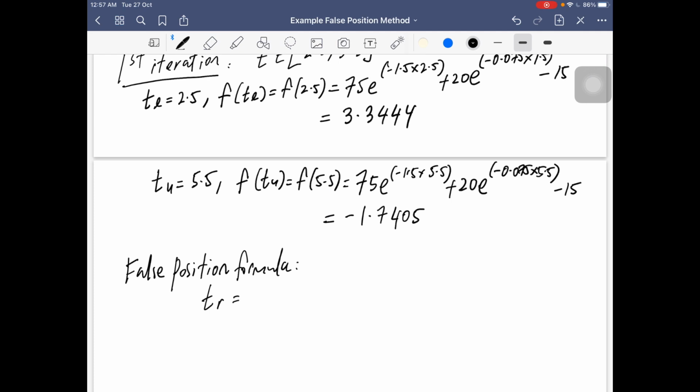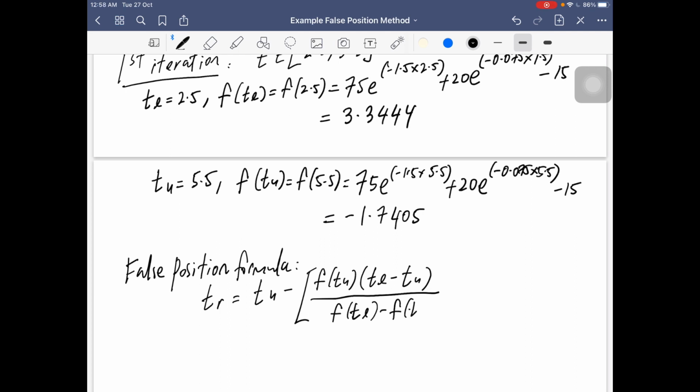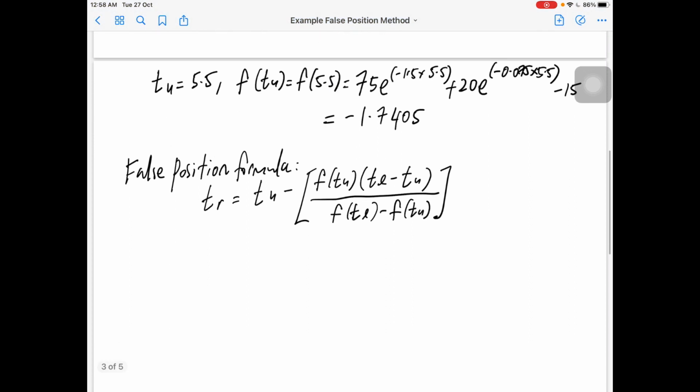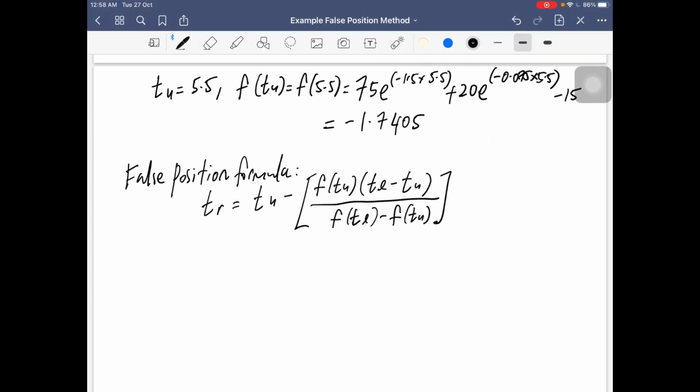TR equal to TU minus F(TU) times (TL minus TU) divided by (F(TL) minus F(TU)). So now we substitute into the formula.